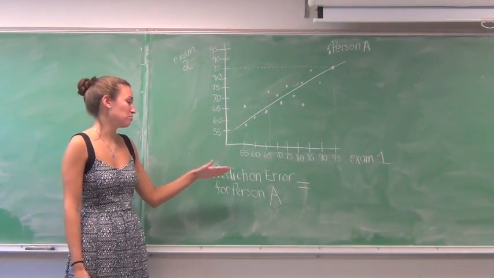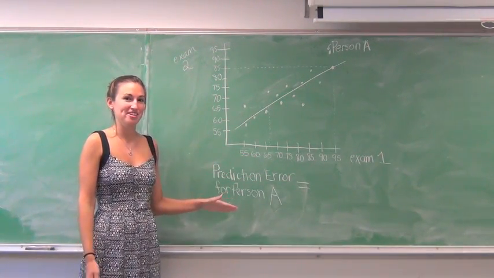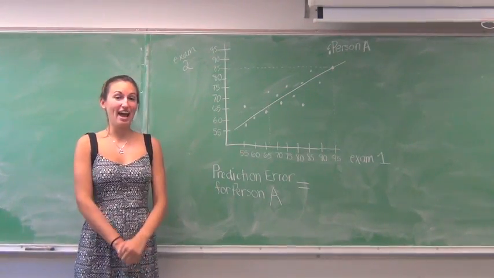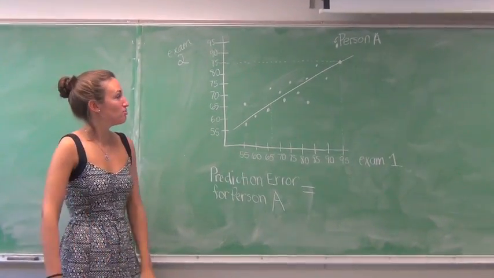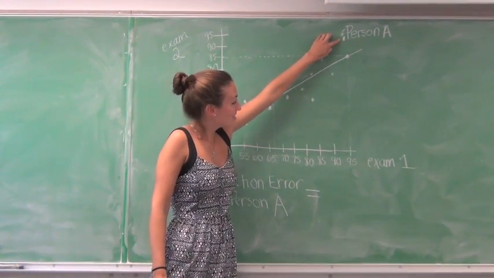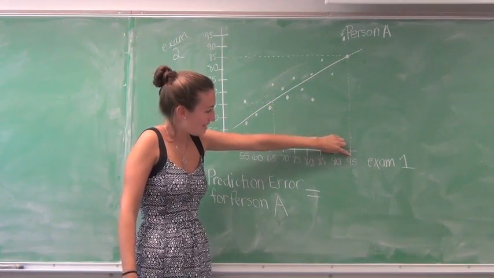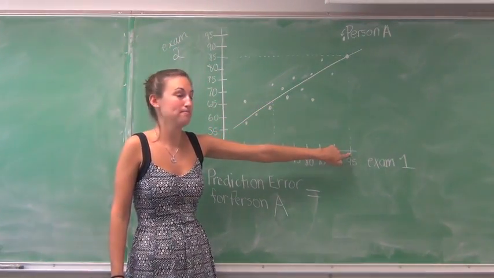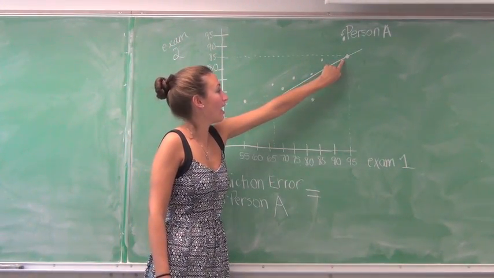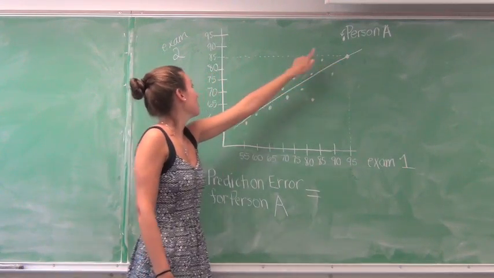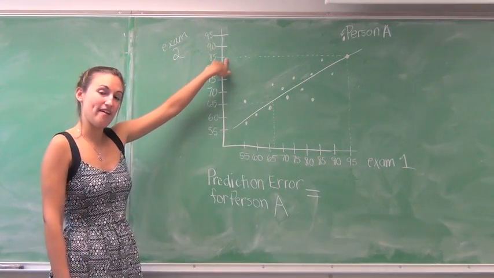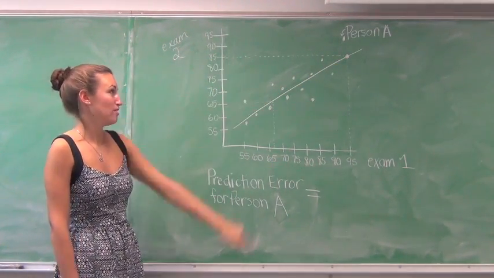Say that we were asked to find the prediction error for person A. Now remember, prediction error is just actual minus predicted. So person A is way up here, and it looks like they scored a 95% on exam 1. Using our regression line, we predicted that this person would score an 85 on exam 2.